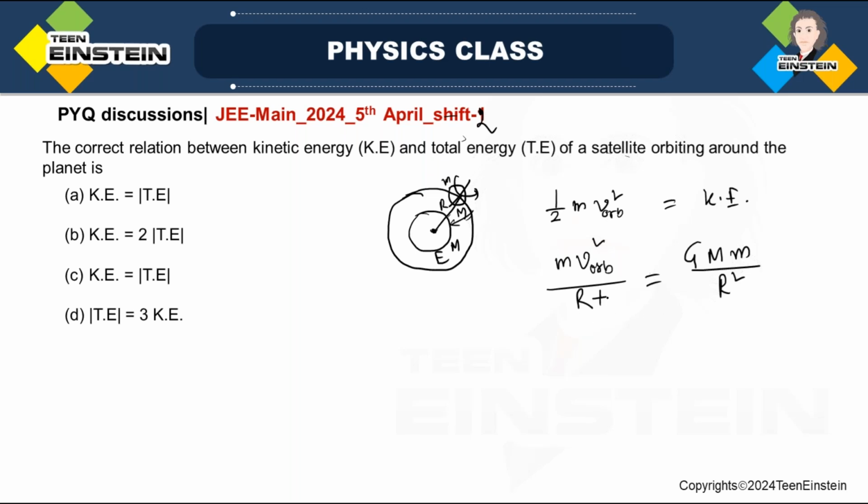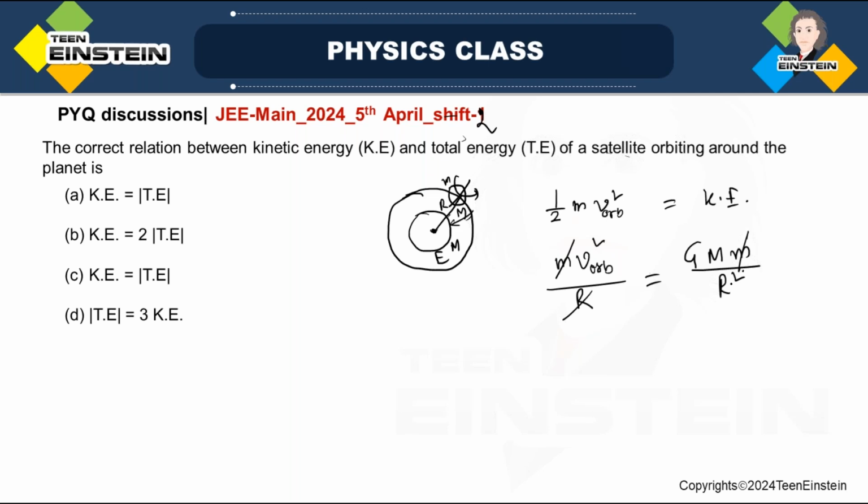Otherwise I have to write r minus the height. This is all right for a satellite which is very near to the earth surface, just to get an idea.